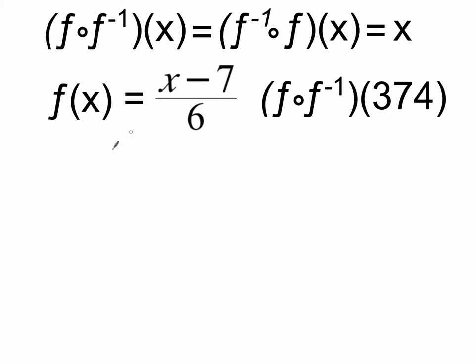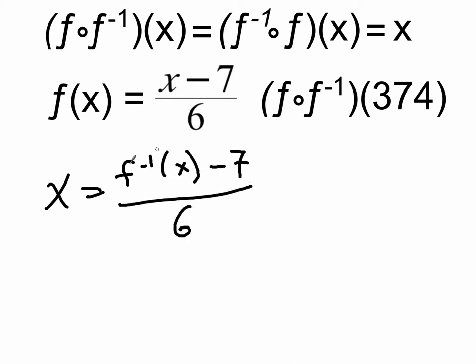So if f of x is equal to x minus 7 over 6, then we want to figure out what f inverse of x is. Well, f inverse of x is found if you just switch these two variables. So we're going to say x is equal to f inverse of x minus 7 over 6. So we're treating f inverse of x just like we did y.